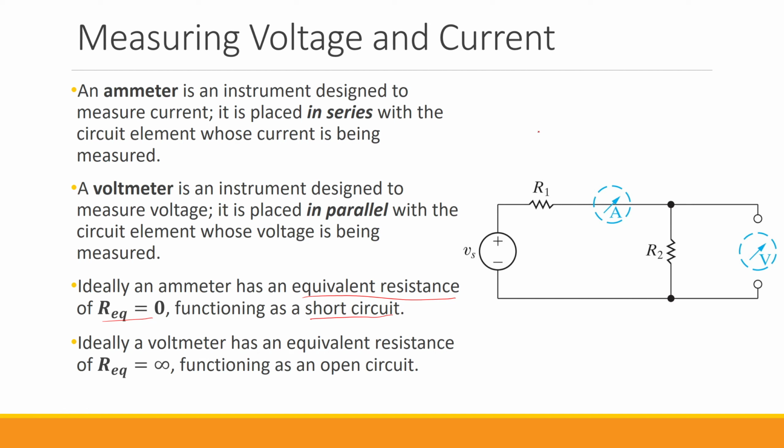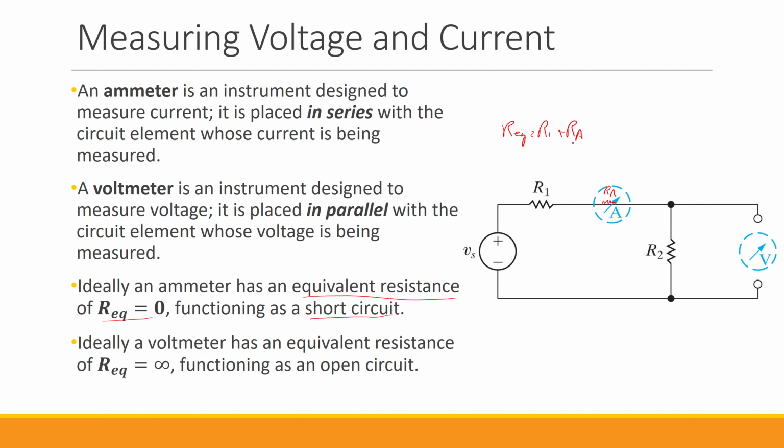Let's say we have R1 here, and let's say we have this equivalent resistance Ra for this ampermeter. If we want to find the equivalent resistance of these two components, the resistor and the ampermeter, which are in series, we have Req equal to R1 plus Ra.